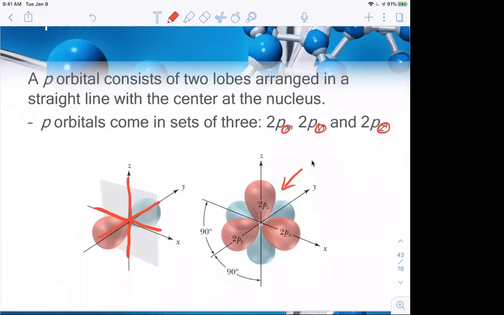Each individual p orbital is 90 degrees away from any other p orbital, just like the axes in the coordinate plane. So just understand that this is when they're all three together, all of those put on top of each other. Each individual one here is going to look like this dumbbell.